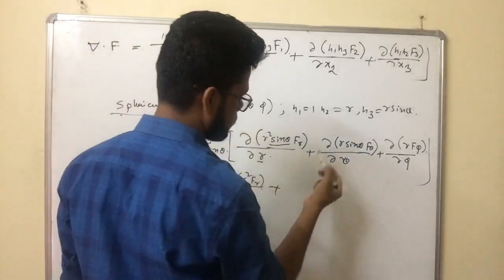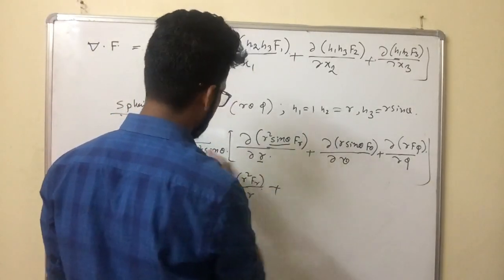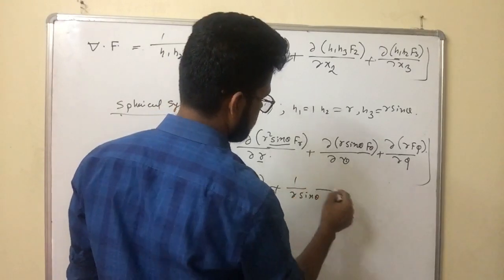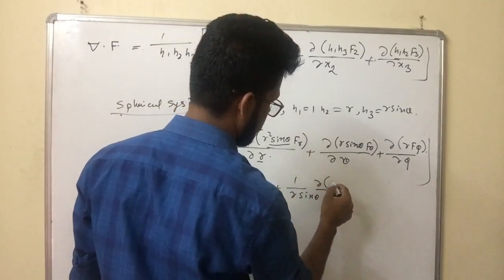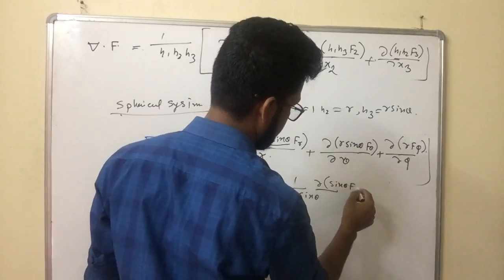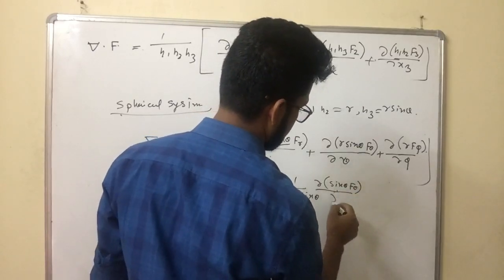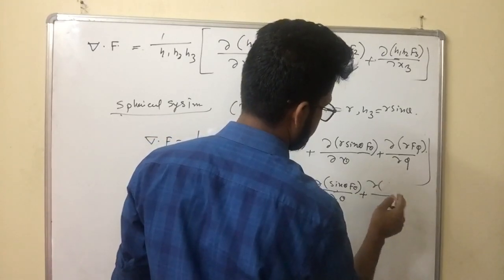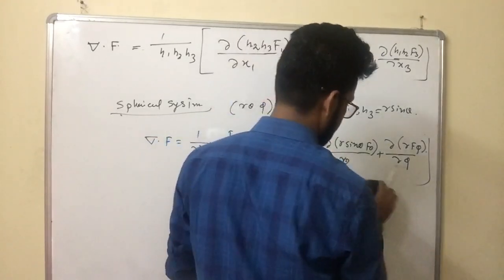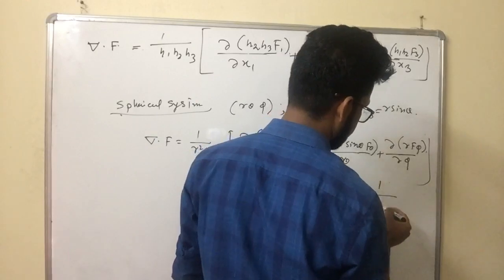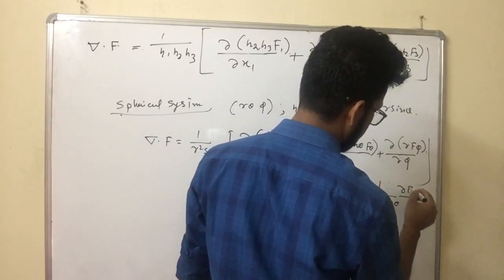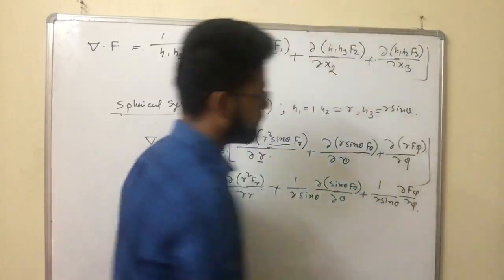Next term, r is constant, so r cancels out, 1 by r sin theta, d by d theta of sin theta F theta, and, sorry, 1 by r sin theta, d F phi by d phi. This is the representation.